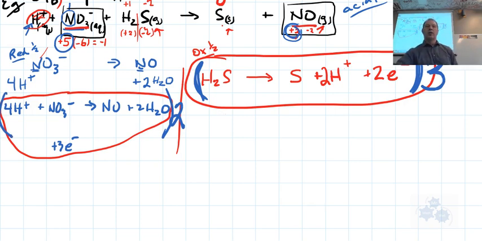So here in this blue down here, I'm going to do that. So 4 hydrogens becomes 8 hydrogens. 1 NO3 becomes 2 NO3s. 3 electrons becomes 6 electrons. And so on. 2 NO plus 4 H2O.